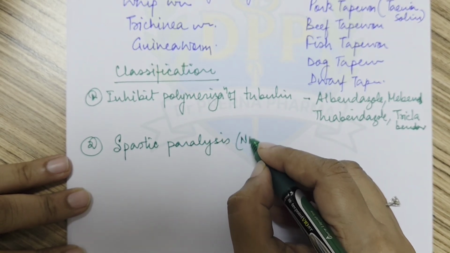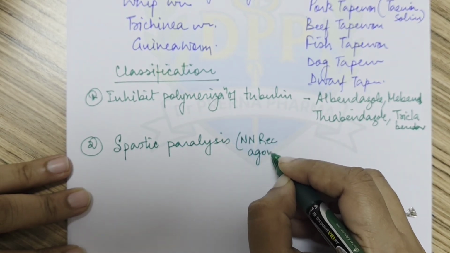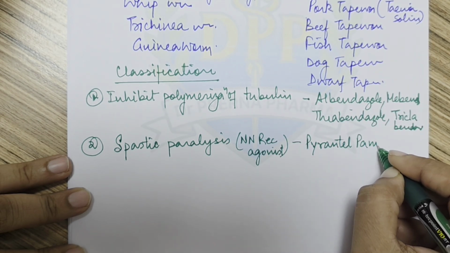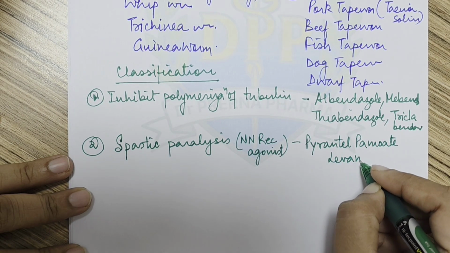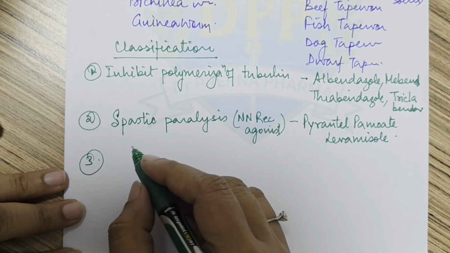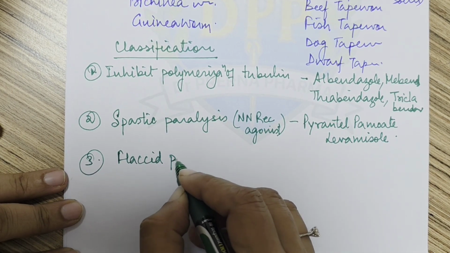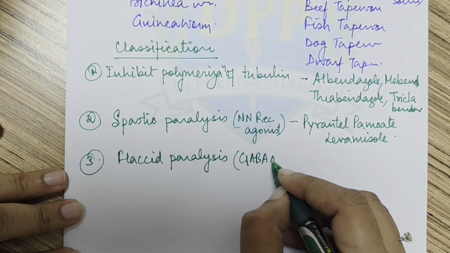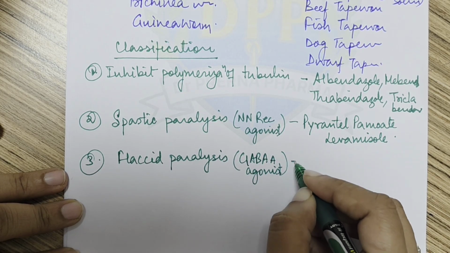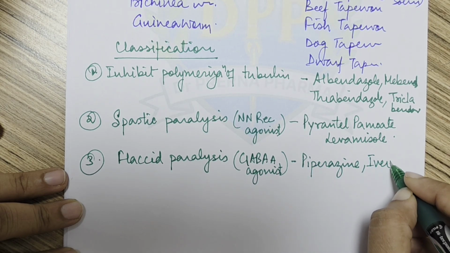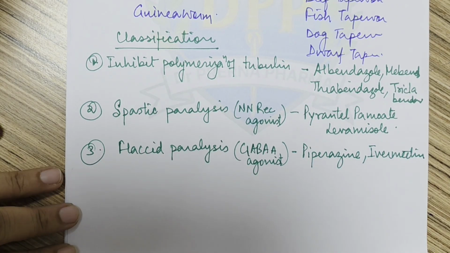These are basically nicotinic receptor agonists. So in this we have pyrantel pamoate and levamisole, right? Then the third category is drugs which cause flaccid paralysis. These are GABA-A agonists. So in this we have piperazine and ivermectin, right?